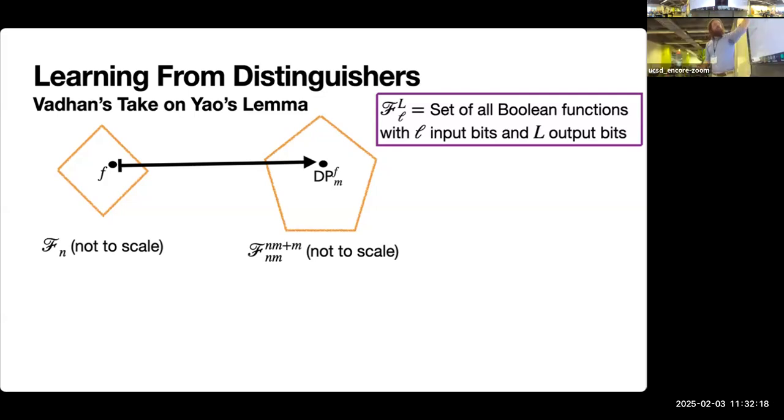Instead, it's going to take m times n input bits and produce m times n plus m output bits. More output bits than you started with. Thus, by transforming little f into this function DP sub m of f, we have a generator of stretch plus little m.